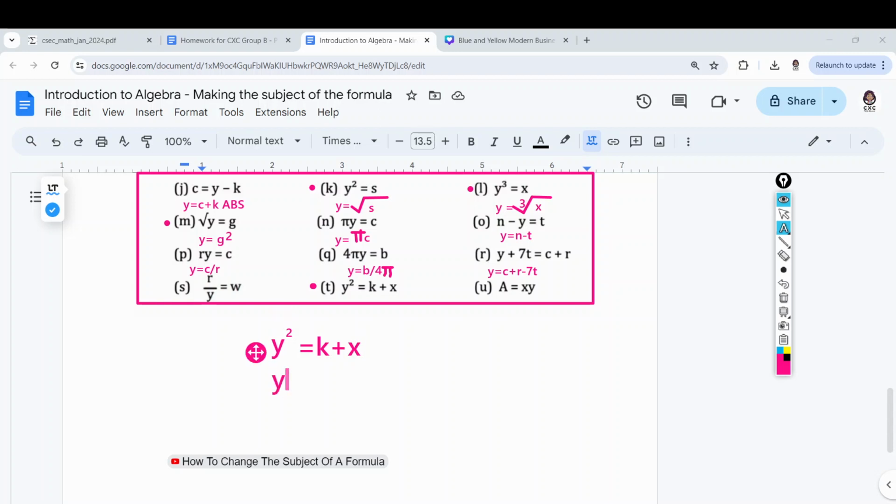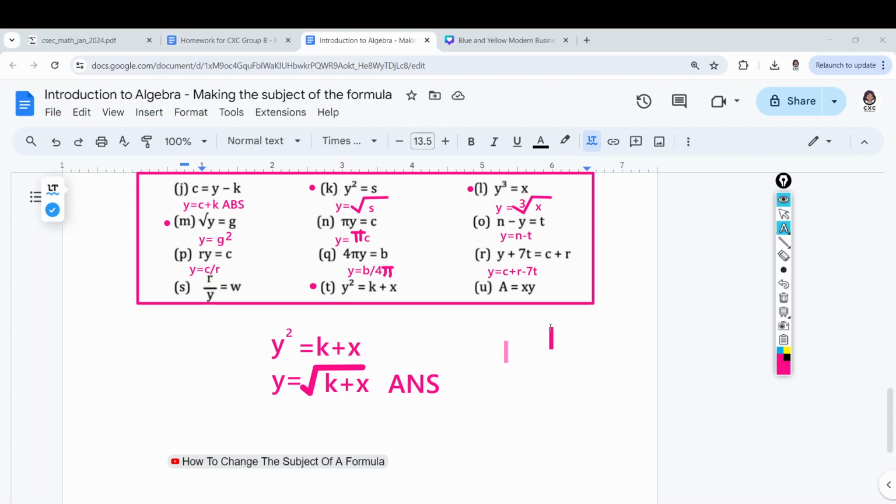So what we need to do now is say y is equal to the square root of k plus x. And this would be the answer, guys. Remember, when you have a squared, all you need to do is find the square root of the right side. So that's the answer for the second to last one.